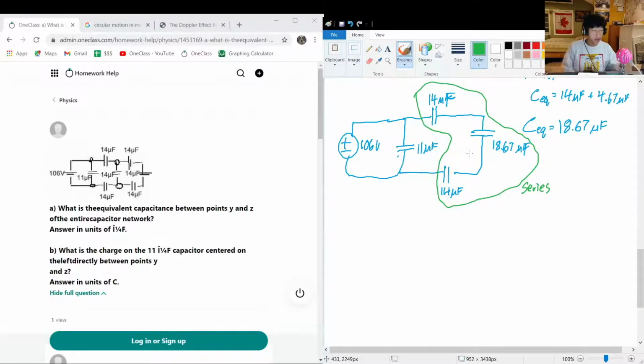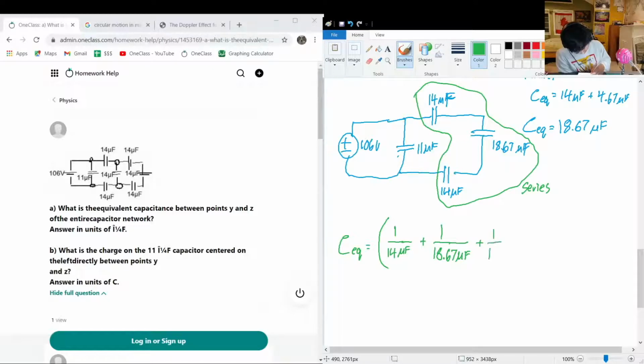Our series here is going to be CEQ. We're going to need to add up all the inverses. So we have 1 over 14, then 1 over 18.67 microfarads, plus another 1 over 14, whole thing to the power negative 1, meaning 1 divided by it.